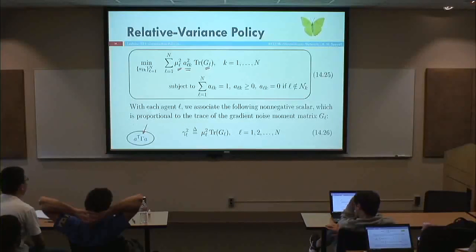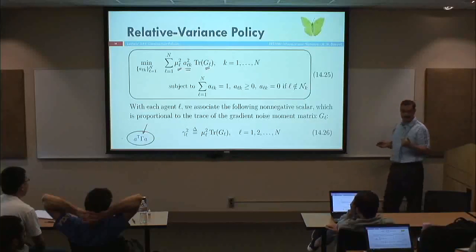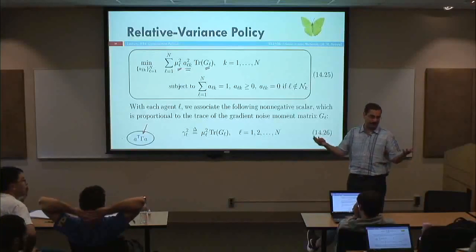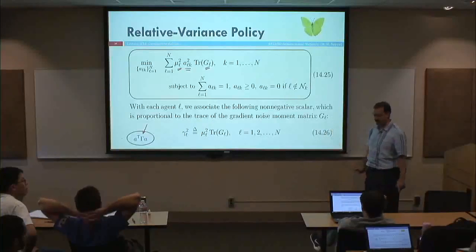So this becomes minimizing a quadratic cost, subject to a linear constraint on the A's. This is similar to the Hastings problem we solved. You can use, for example, Lagrange multipliers to solve it. It's not difficult to solve in this case, okay?